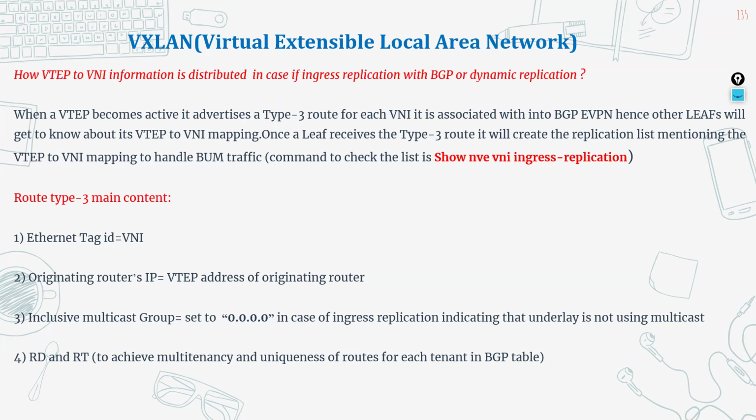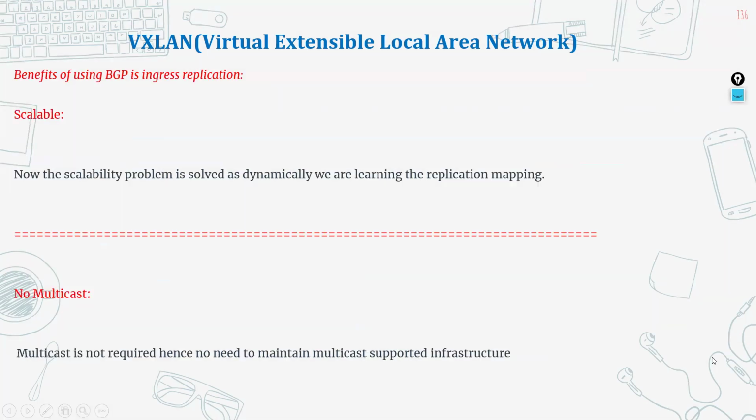So far we are discussing intra-subnet communication, and that can also be achieved using multicast in the underlay. But as of now we are not using multicast in the underlay, so in route type 3 the value will be set to 0000, and then obviously we'll have the RD and RT value with route type 3 for each VNI.